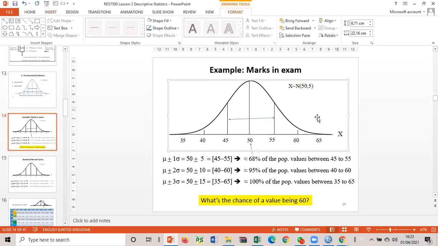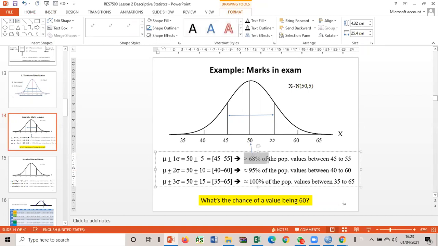So how much is this area? About 68% of the students' marks must be between 45 and 55.